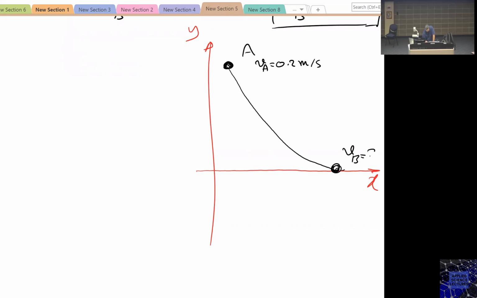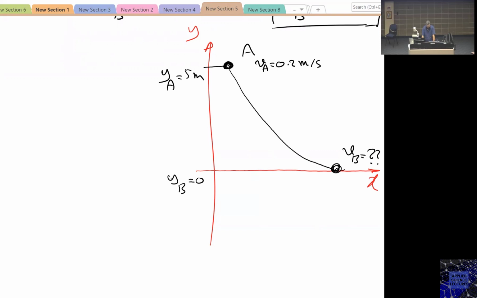I need VB. I have the height here, YA as 5 meters, while YB is 0.